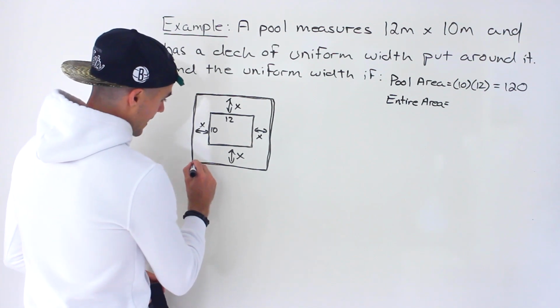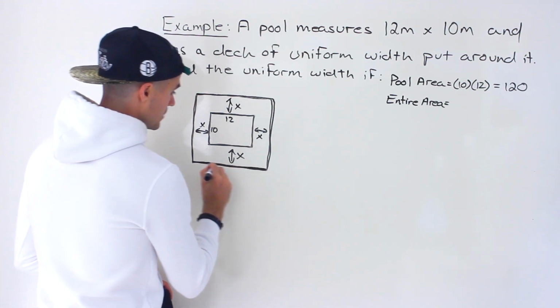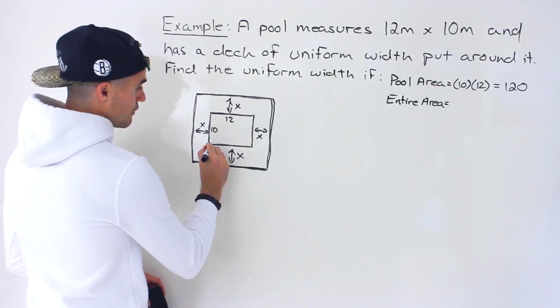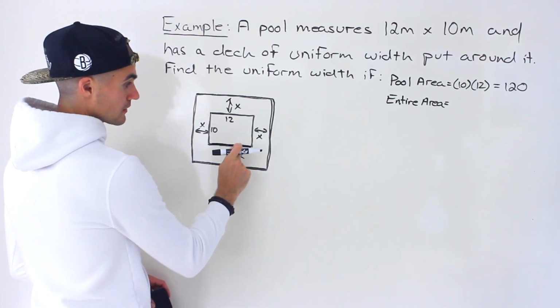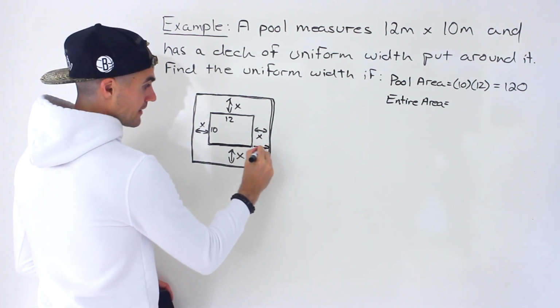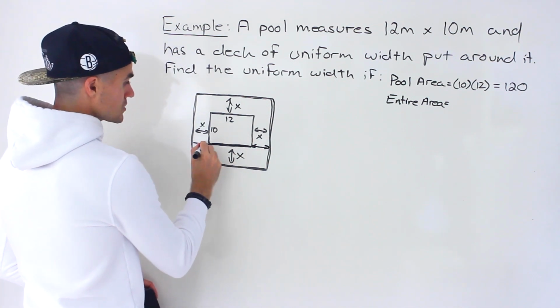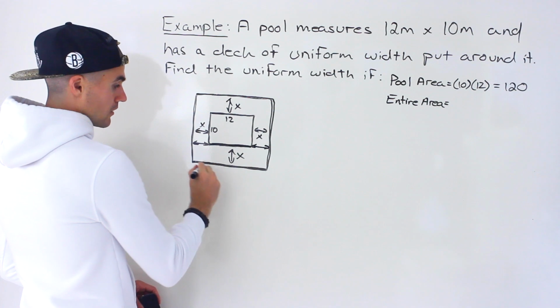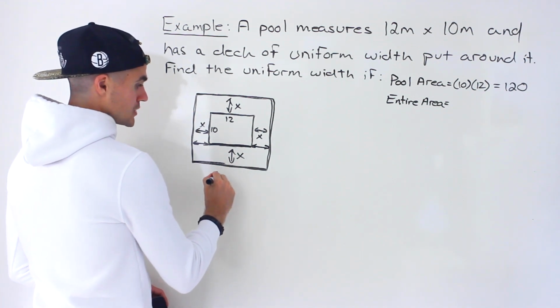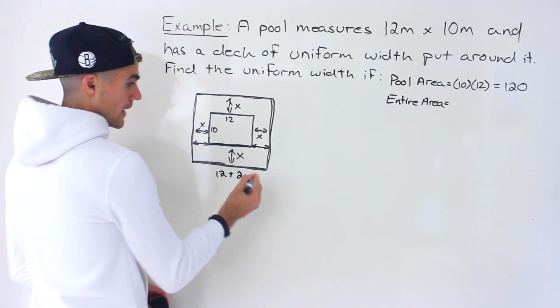Now, what is this length going to be here? Well, if you think about it, this length is 12 meters, as we know. That's the pool right there. And then we're adding an x over here, and then we're also adding an x right there. So this entire length here is going to be 12 plus 2x, like that.